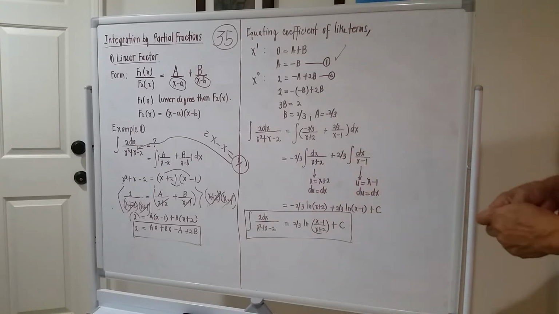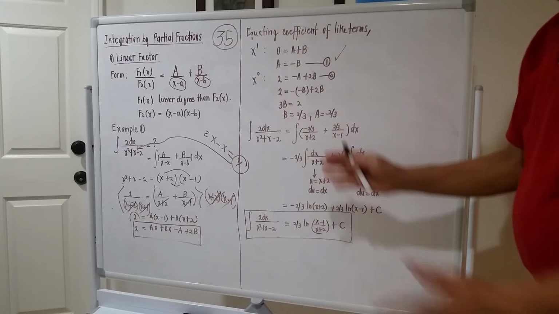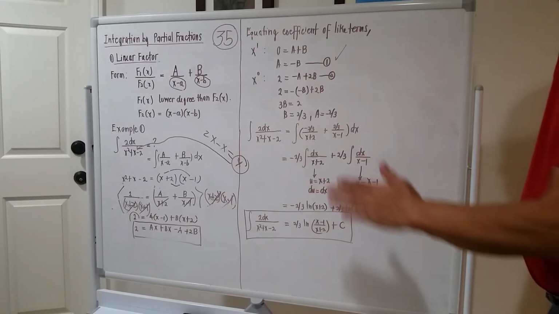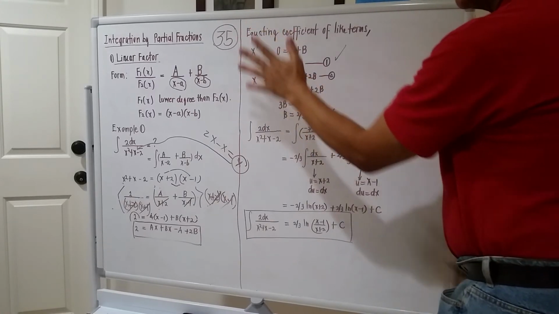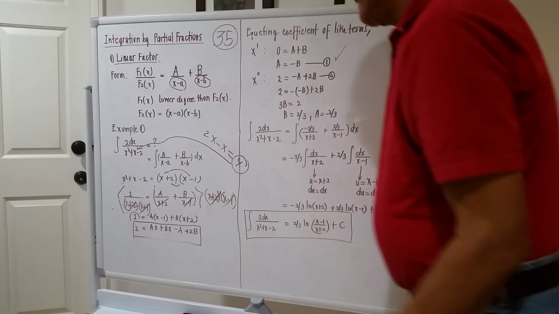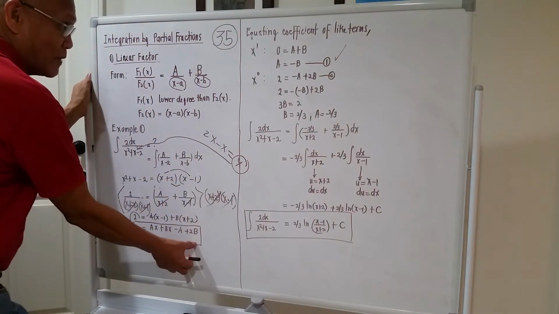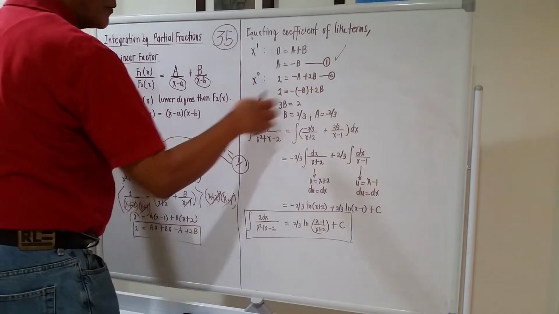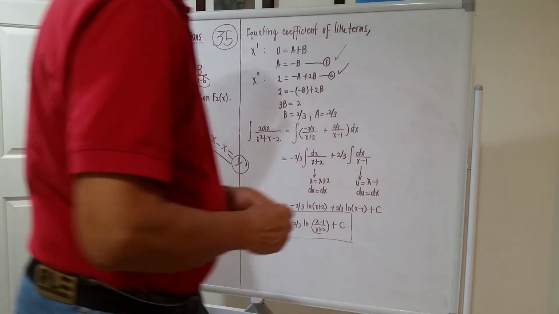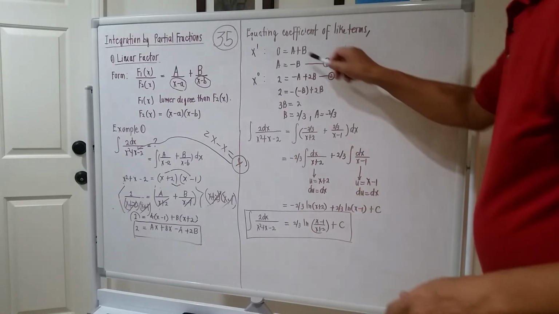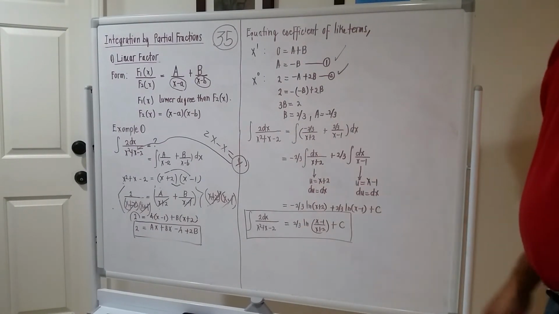Okay? Equating again coefficients of like terms, x to the 0, meaning all pure constants. The pure constant on the left is 2. The pure constant on the right is minus a plus 2b. This is minus a plus 2b, equation number 2. So we are now given two linear equations involving two unknowns. That's plain algebra.